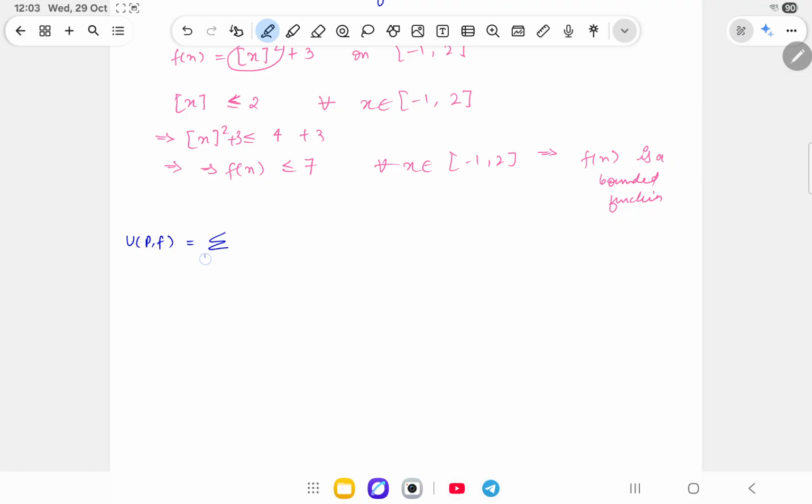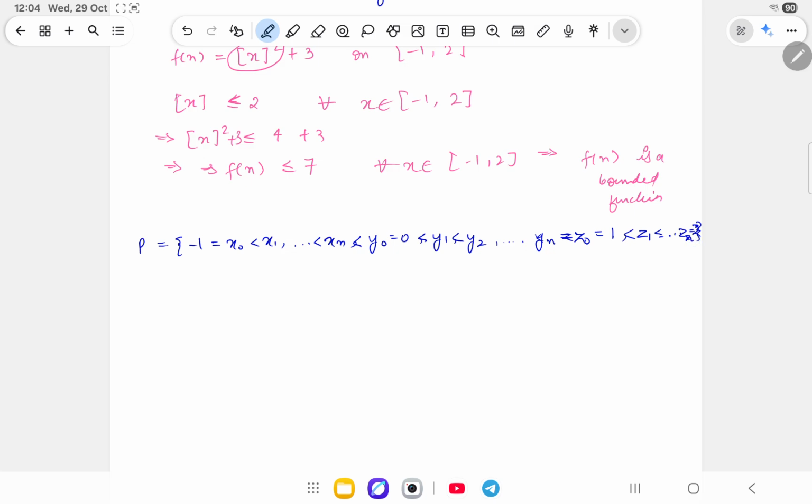Let's take a partition P, with points x0 up till xn, then y0, which I am assuming to be 0, y1, y2, and so on up till yn, and then z0, which is equal to 1, less than z1, and so on up till zn, which is equal to 2.